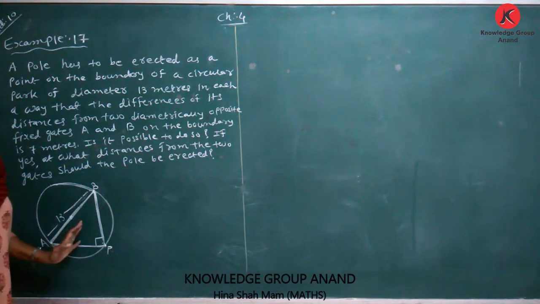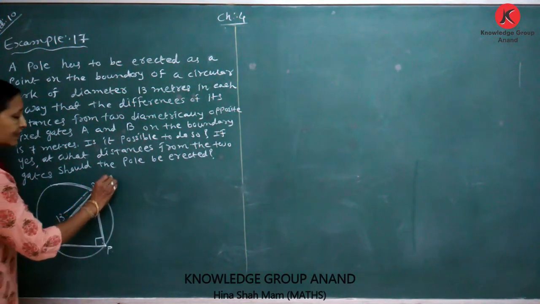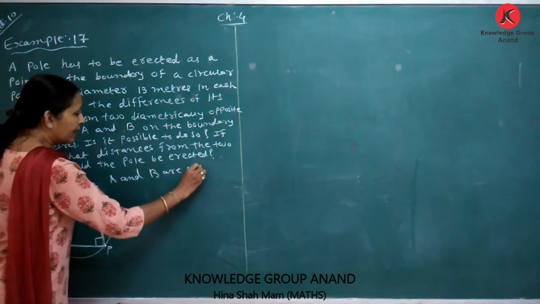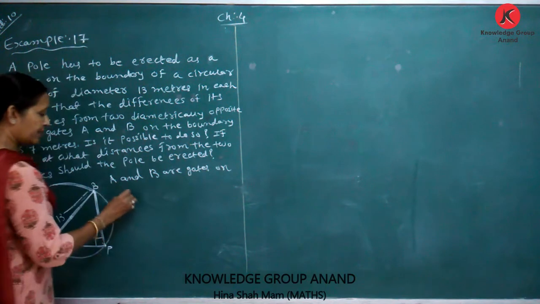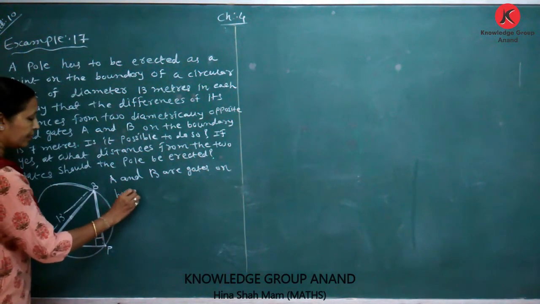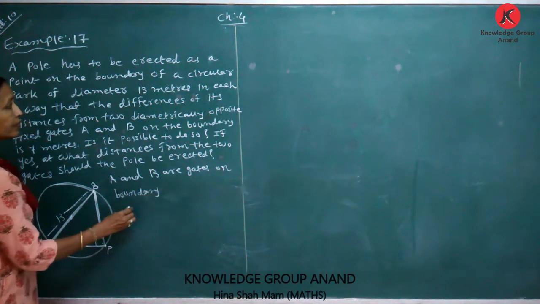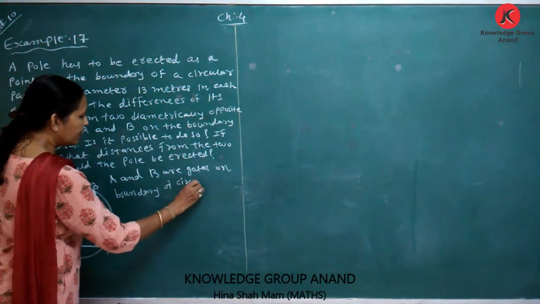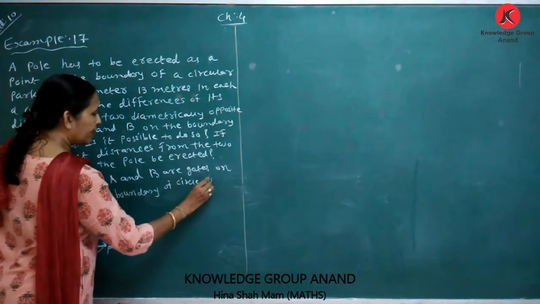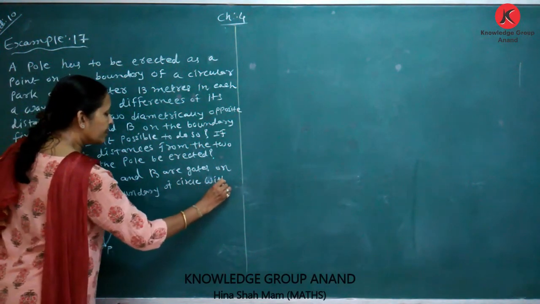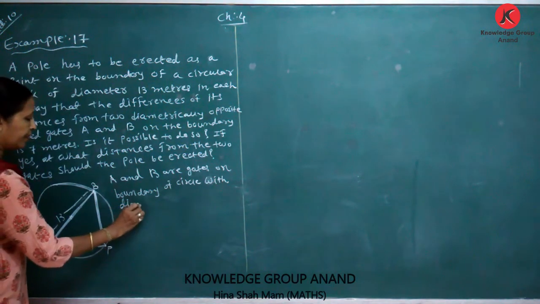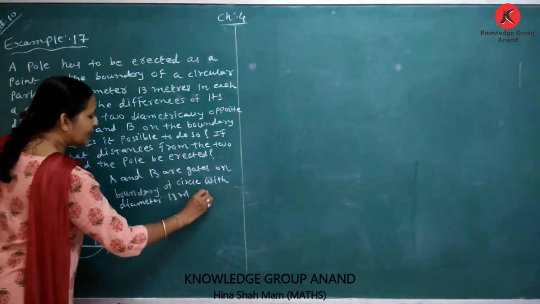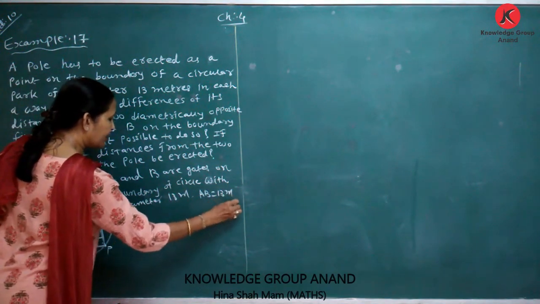A and B are gates on the boundary of a circle with diameter 30 meters. AB = 30 meters.